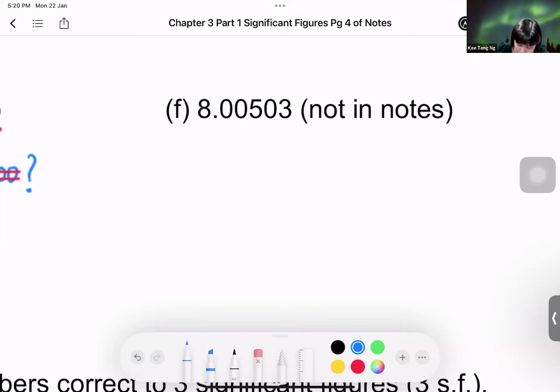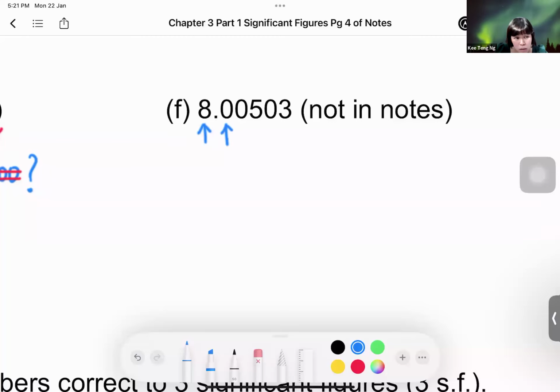The first non-zero number is 8. After the first non-zero digit, we found the first significant figure. All the other zeros or other numbers at the back are considered as significant. Remember, I want 2 significant figures. So this is 8. And my second sig fig is the number 0.